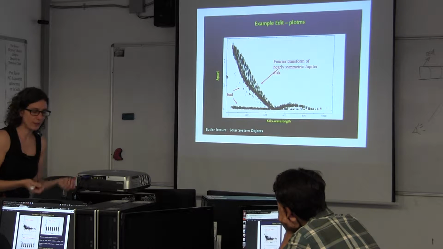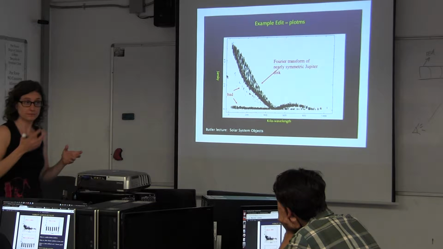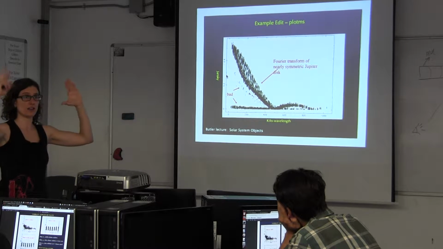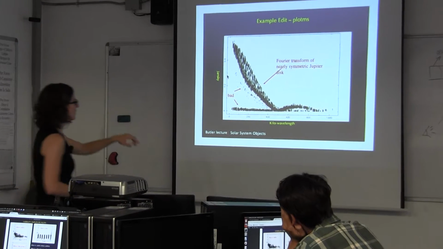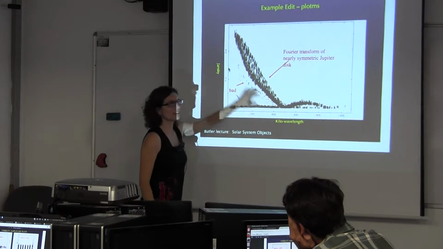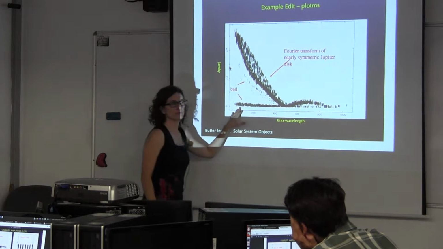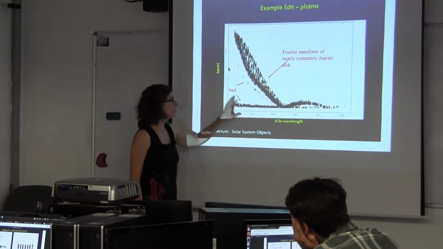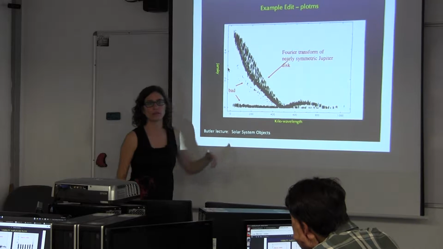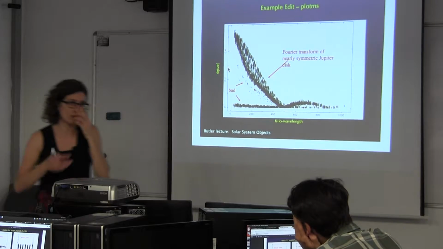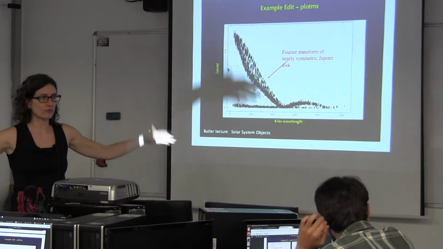This is an example. This is what you expect for Jupiter. Remember that it's a sharp disk, so you expect something like that. But here you have all these noisy points, and these are clearly a very bad response. They are very low. So you want to flag all of these, because when you make the image of Jupiter, you will have a lot of ripples.